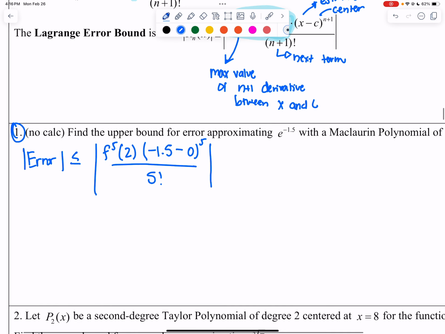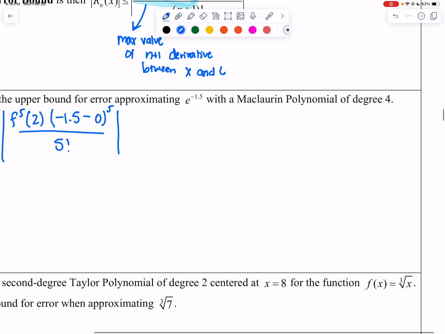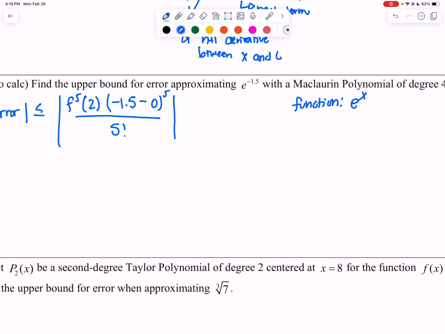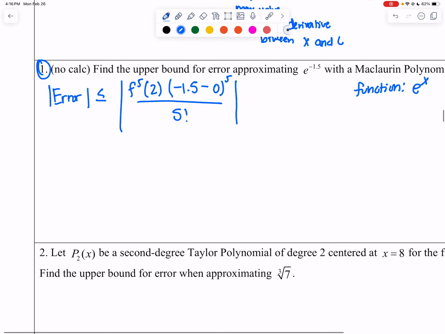Now, we're using e to the x as my function approximation. If my function is e to the x, this is going to be very good for us because guess what? The derivative of e to the x, no matter what that derivative is, is just going to be e to the x, which is really good because now I get to say that the fifth derivative of e to the x is just e to the x. Wow.